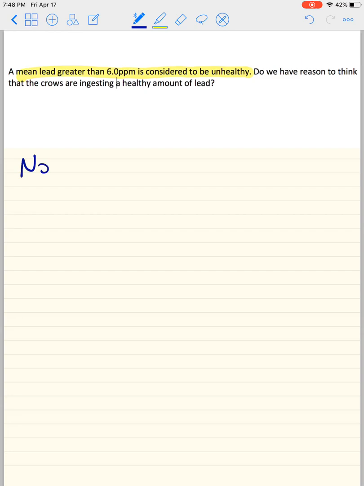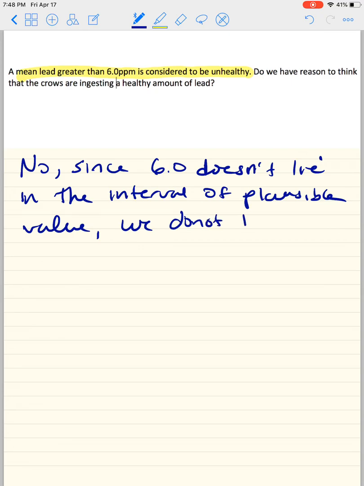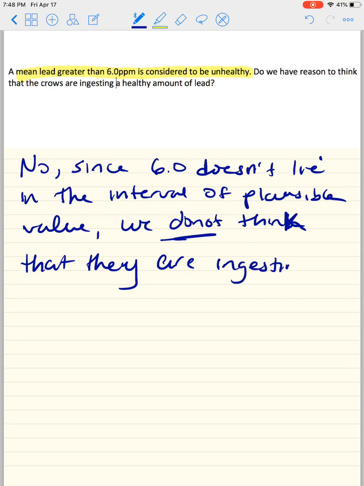Well, you just say no, since 6.0 does not lie in the interval of plausible values, we do not think that they are ingesting unhealthy amounts of lead.